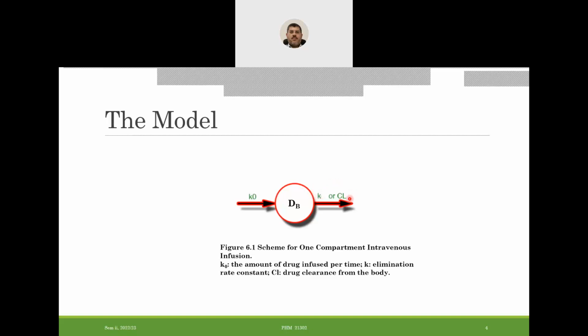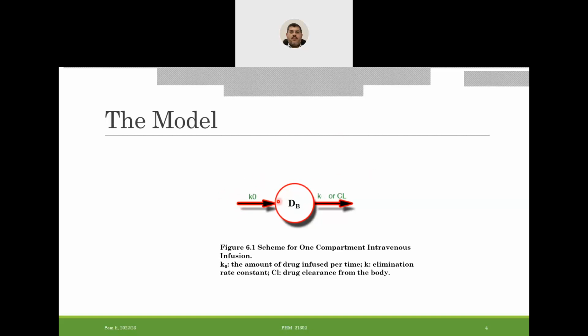Same as the one compartment model IV bolus, the drug is eliminated from this central compartment, so there is a rate of elimination, KE, or there is clearance. But unlike IV bolus, because there is a rate of administration, there must be a rate constant representing the administration rate. The difference between infusion and IV bolus in the one compartment model is only that we add one term that represents the rate of administration.